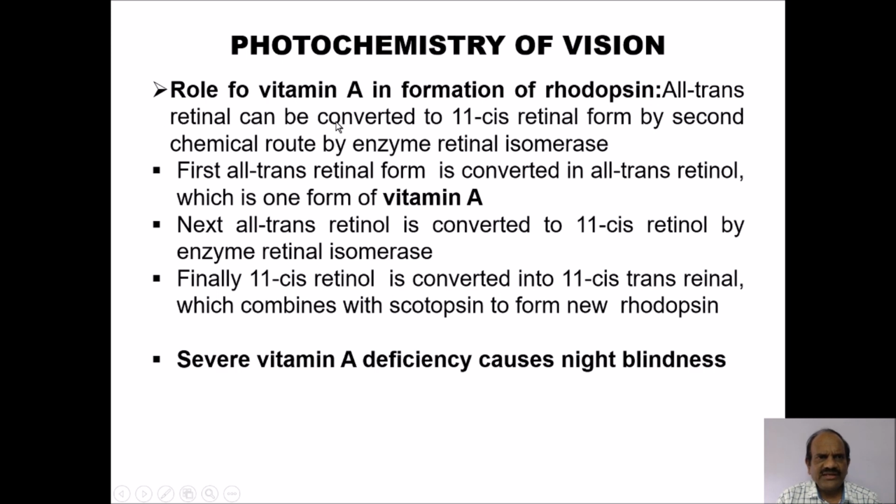Now, all-trans retinal can be converted to the 11-cis retinal form by a second chemical route by the same enzyme retinal isomerase. First, all-trans retinal is converted to all-trans retinol, which is one form of vitamin A. Next, all-trans retinol is converted to 11-cis retinol by the enzyme retinal isomerase.